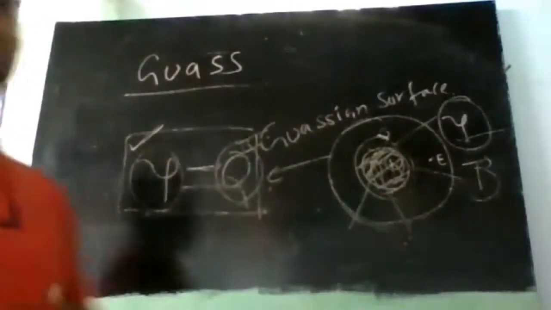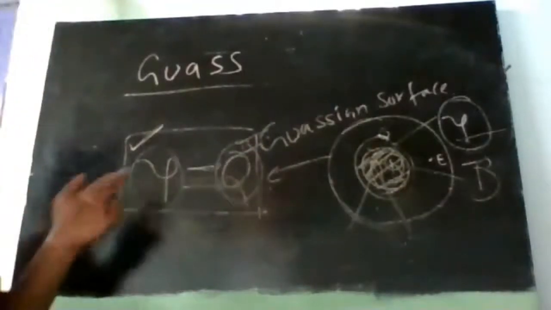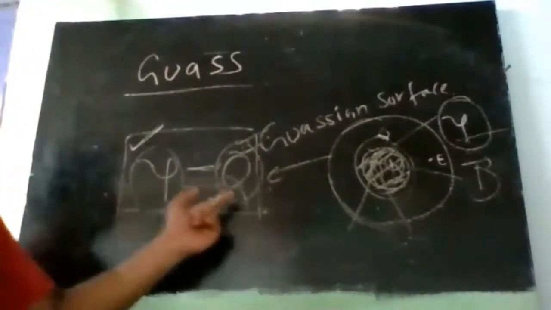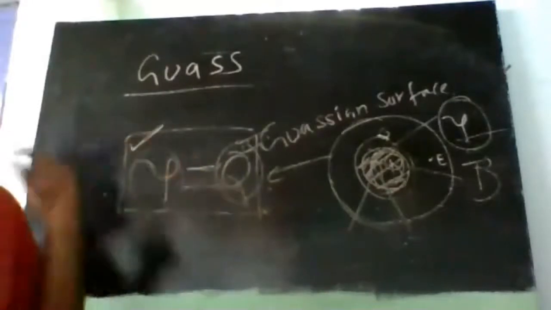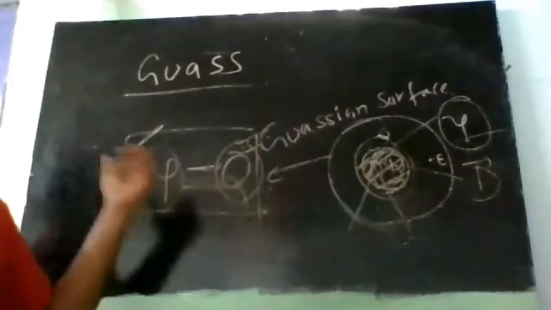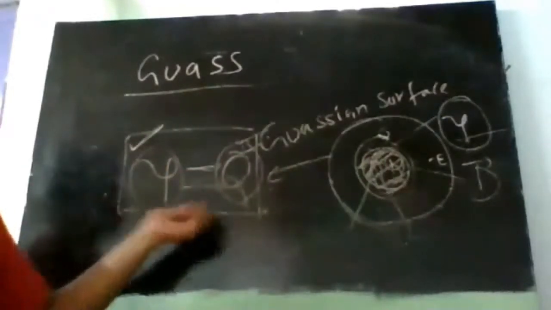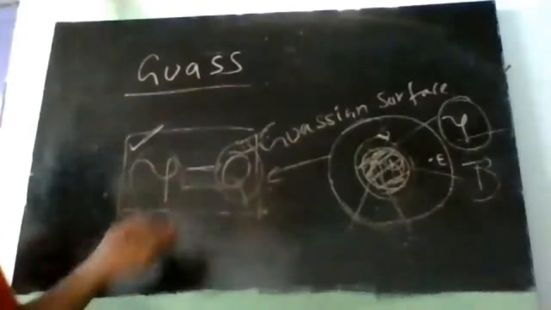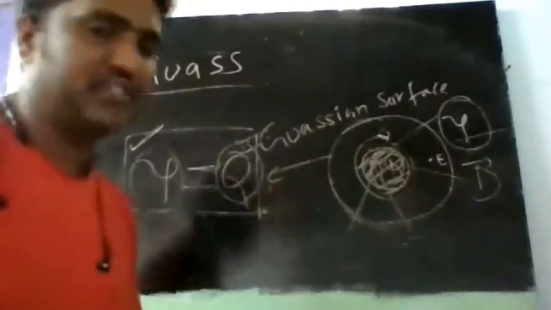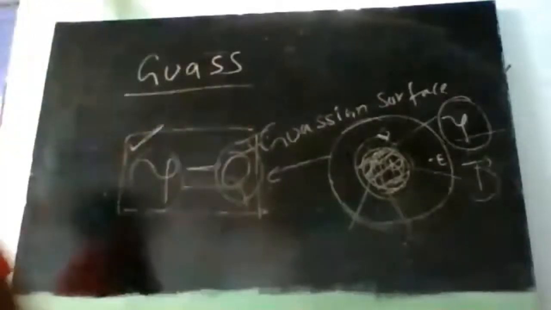That's what the meaning is. Understood? This represents the number of lines, this represents coulombs, the charge. So what we mean is, in place of q, you can use the value of psi to do all the calculations. That's what Gauss law says.